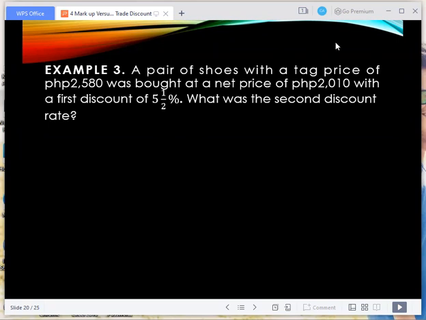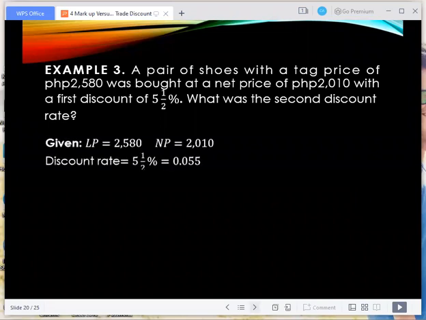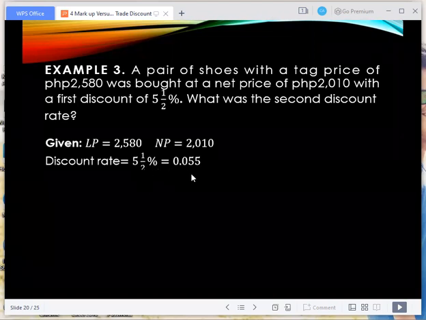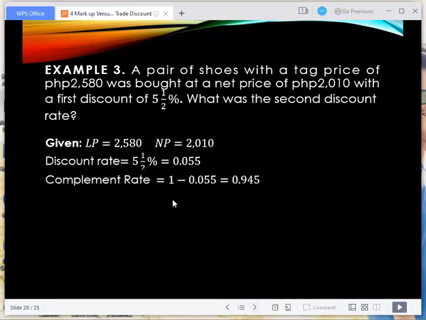How do we solve for the second discount? So again, our discount rate is 5.5%. Converted into decimal, you get 0.055. So the complement rate would be 1 minus the discount rate, which is equal to 0.945.